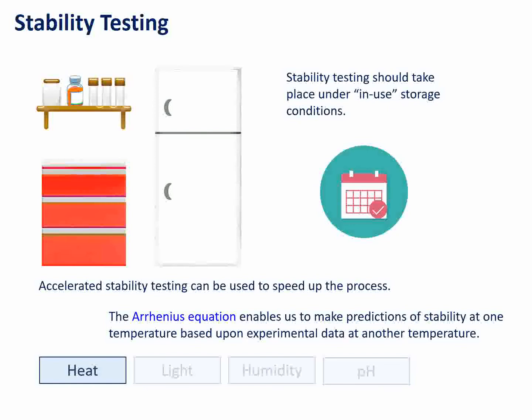So for example, we could predict the stability of a drug in solution at room temperature based upon experimental data at a higher temperature. And as you would expect, if you increase the temperature, you will increase the rate of drug breakdown. So you'll be able to find out your estimated expiry date much sooner.